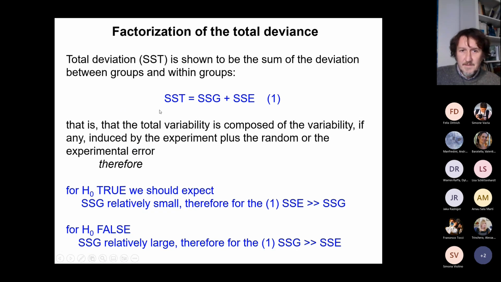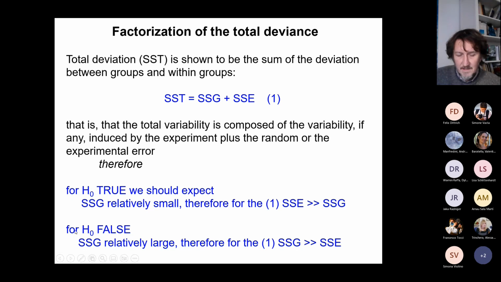So the total is equal to the sum of the within plus the between. The null hypothesis is true when SSG is relatively small, so that SSE is much larger than SSG.